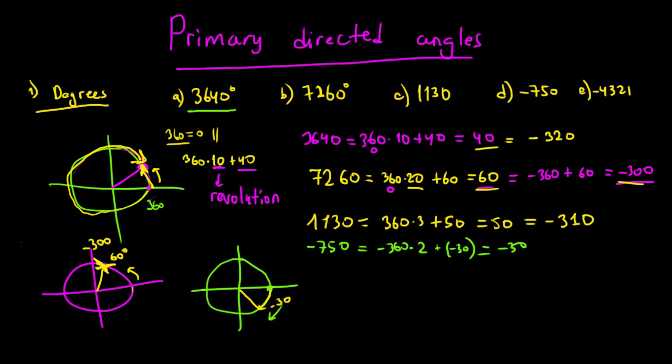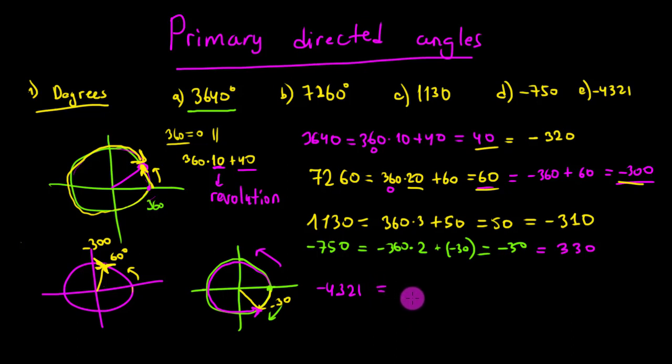So if you want to get to this point by moving in the counterclockwise direction, the same angle would be 330. So these two are coterminal. Okay, let's move to this one, minus 4,321.